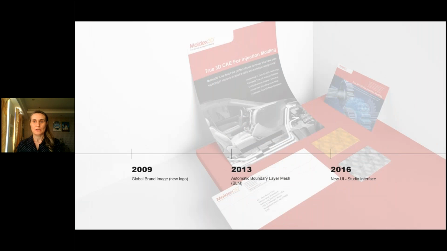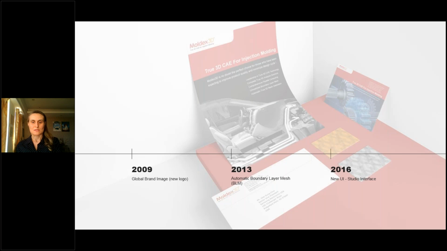Because the quick meshing tool is a very crucial step in the simulation of the process, not just EDesign mesh is possible, but you can also have another type of mesh, which is called the boundary layer mesh, to be automatic. And this is a tool which we launched in 2013.